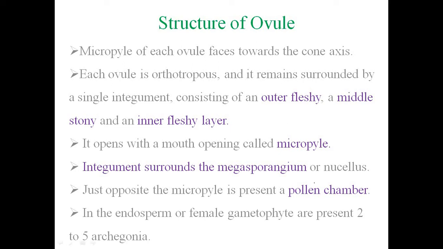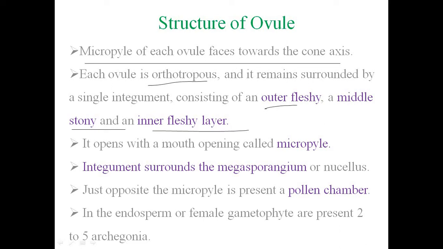Then the structure of the ovule. The ovule is again orthotropous. The micropyle of each ovule faces towards the cone axis, and it has three integuments: outer fleshy, middle stony, and inner fleshy.